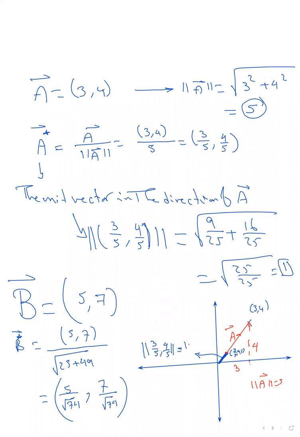Let's say vector A = (3, 4), for example. Then A star, the unit vector in the direction of vector A, is vector A itself over its norm, so (3, 4) over 5. Have you got it?